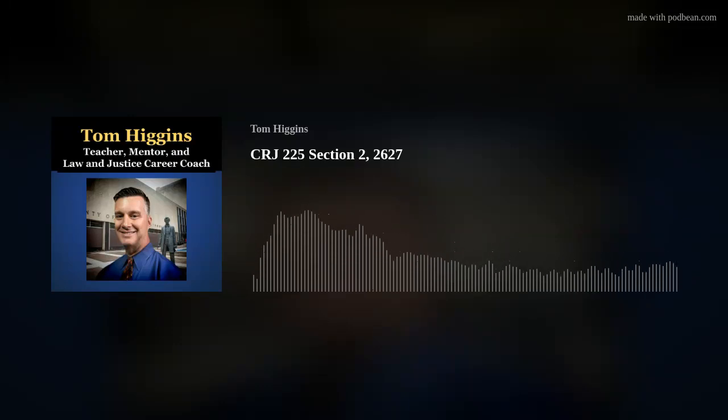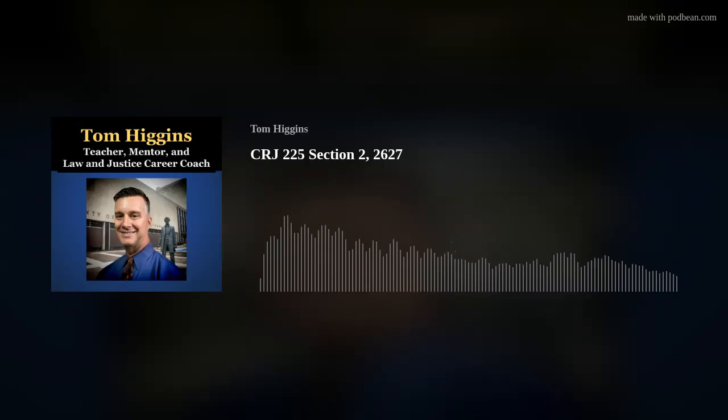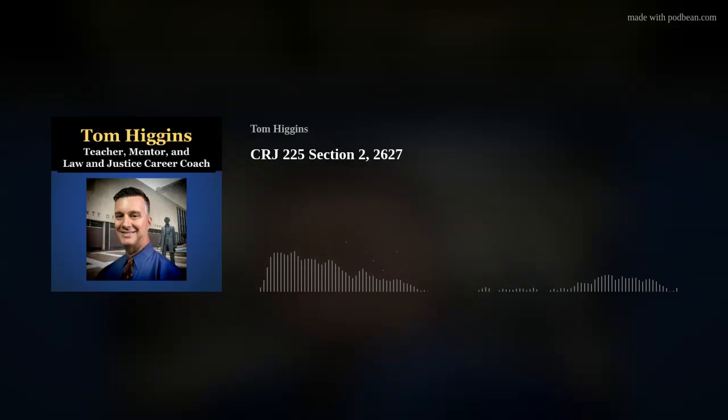And there's two levels of force: regular force, and then we'll talk about deadly force. Regular force is force that prevents someone from moving or acting normally. You're holding your ground, essentially.